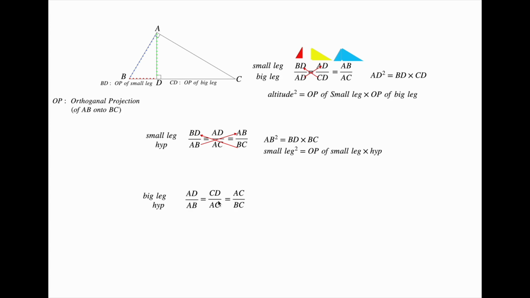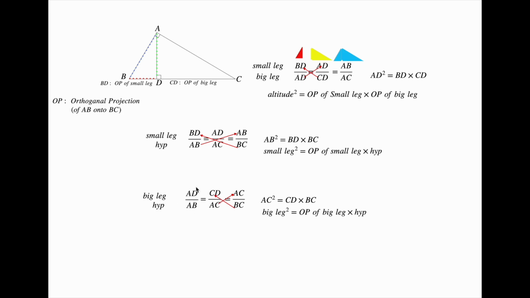Cross multiply here, so I get AC squared, and then BC multiplies CD. That gives me AC squared is equal to CD times BC, which is the big leg squared equal to the orthogonal projection of the big leg, CD, times BC, the whole hypotenuse.